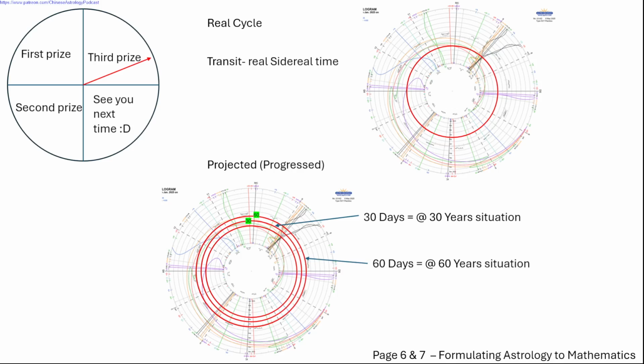The real situation of a planet in the universe at a particular time is called transit, while the projected time frame using 1 day equals 1 year in predictive techniques is called the progressed chart. These are the crucial techniques used in Western astrology, which require exact information of the sidereal time, and a high level of astronomy knowledge is essential to keep them correct.